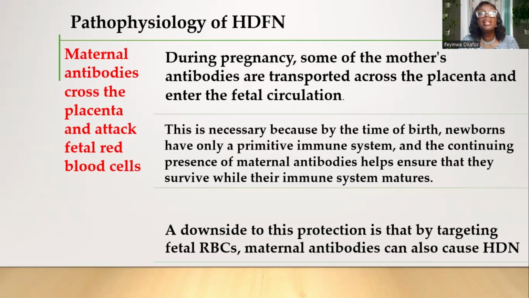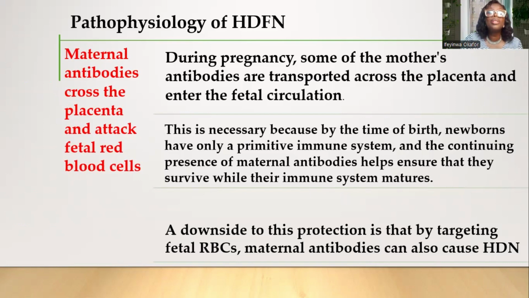Now, during pregnancy, it is natural that some of the mother's antibodies are transported across the placenta and enter the fetal circulation. This is because by the time of birth, we know that newborns have only a primitive immune system. Their immune systems are not fully developed, and the continued presence of maternal antibodies helps them to survive while their immune system matures.